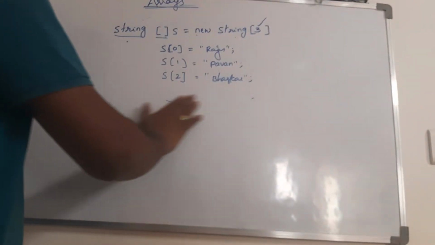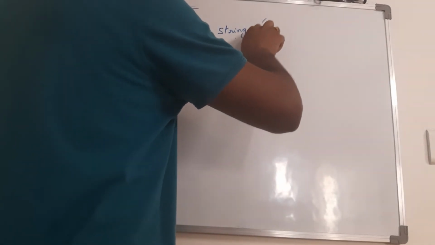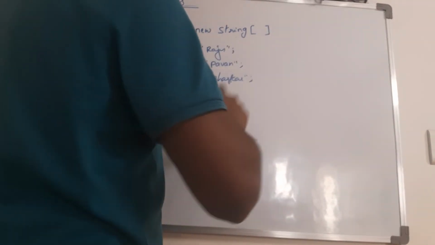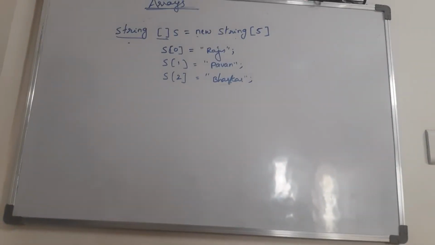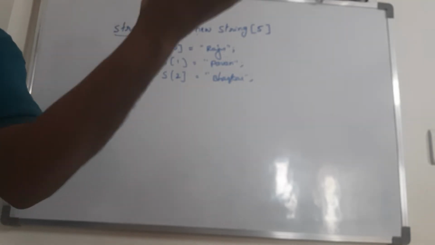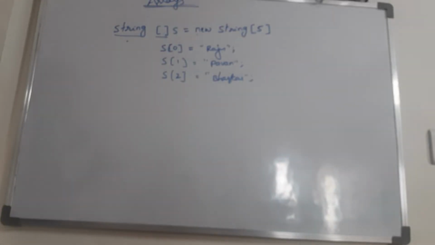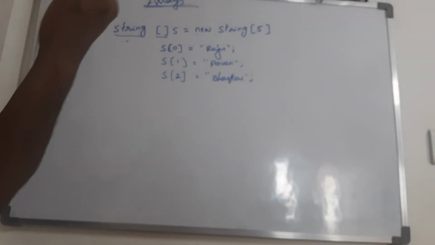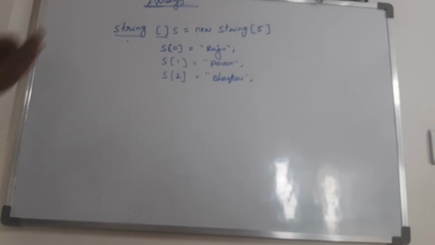Now I am doing one thing: I am declaring the number of values required as 5. Now I inserted only indexes 0, 1, 2, which means I inserted only 3 values. 2 more values I can insert, but unfortunately I don't want 2 more values. I need only 3 values, but I declared 5.